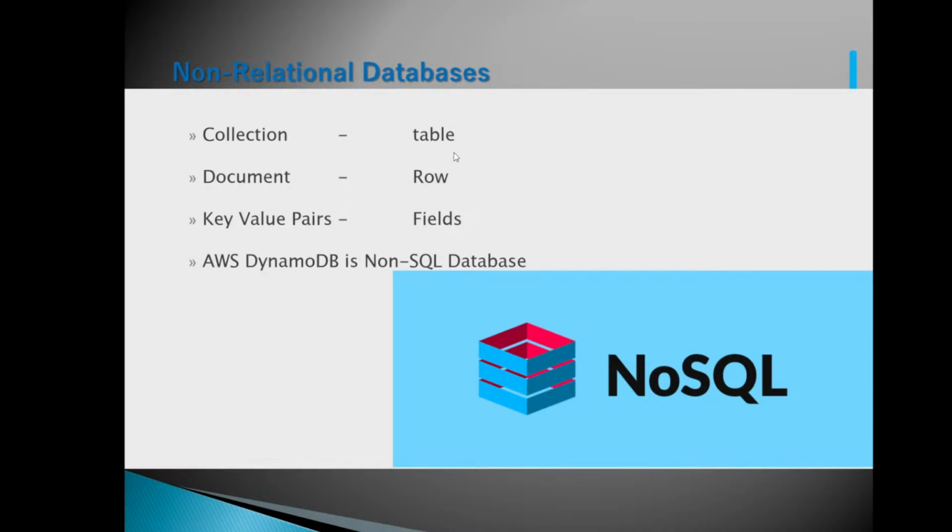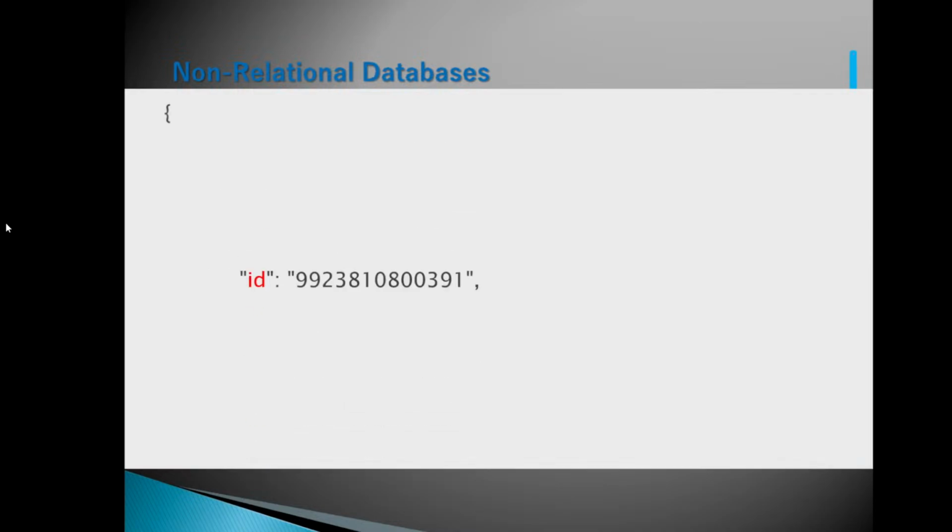Here we call it a collection rather than a table. We call it a document rather than a row. Fields, meaning individual cells, we call key-value pairs. Now, how does the data look in a NoSQL database? Something like this.